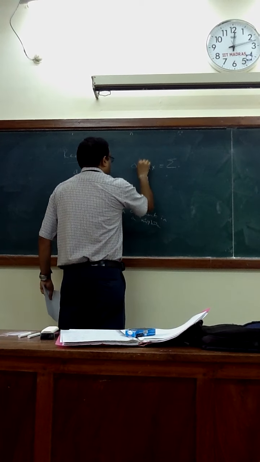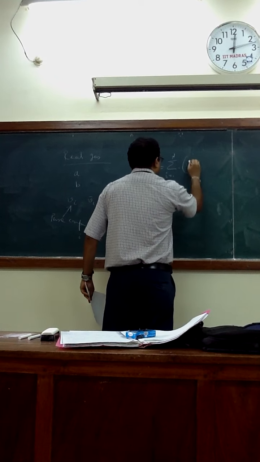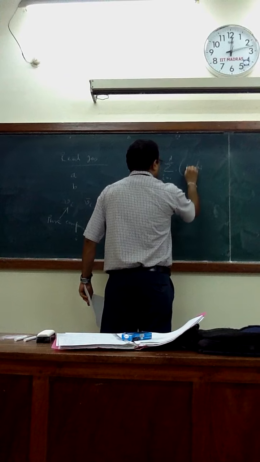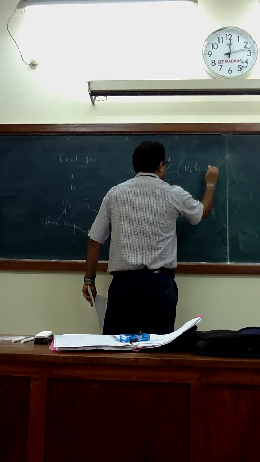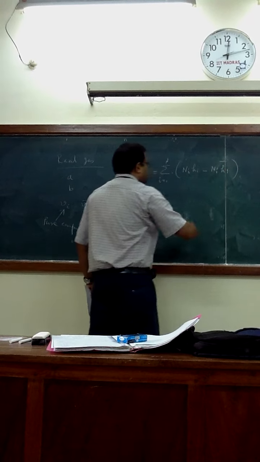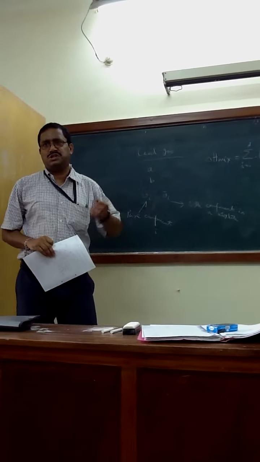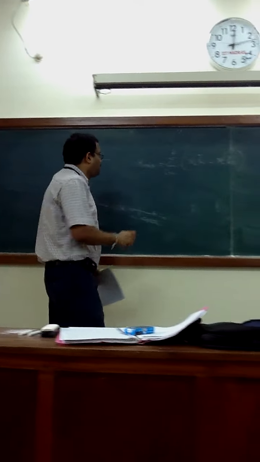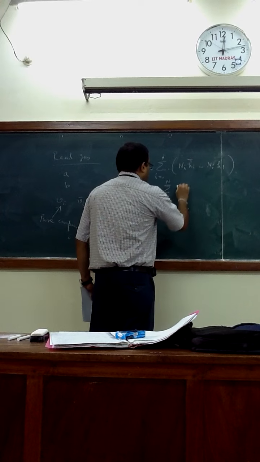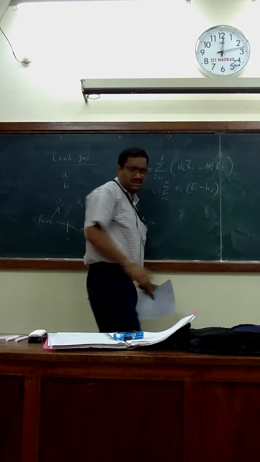Capital H mix, the sum from i equals 1 to n of Ni Hi bar minus the sum of Ni Hi, right? Final minus initial. And we talked about the sum from i equals 1 to n of Ni (Hi bar minus Hi). Correct?